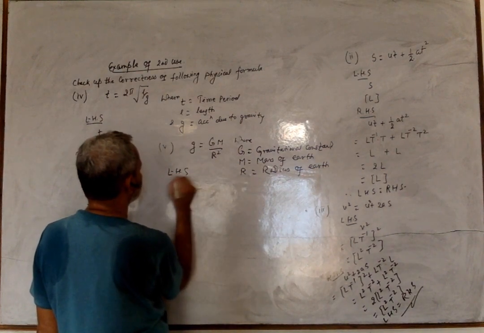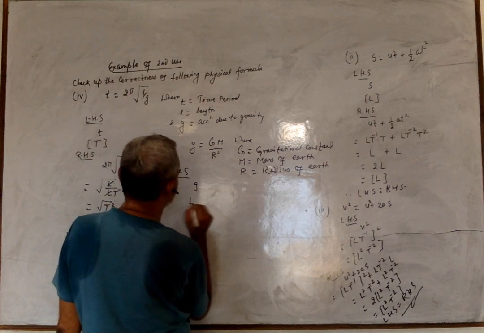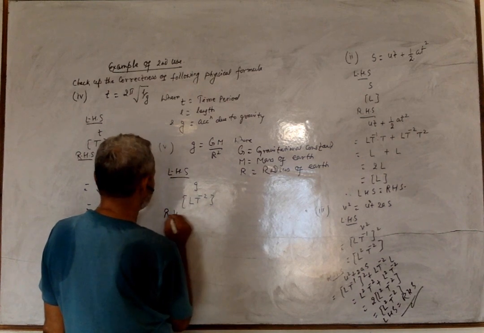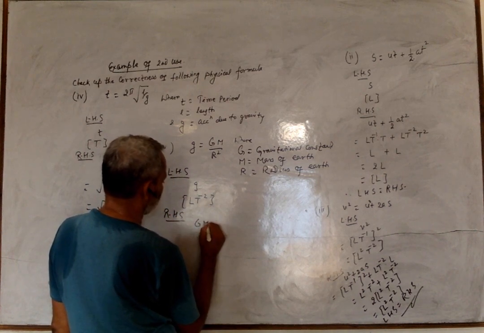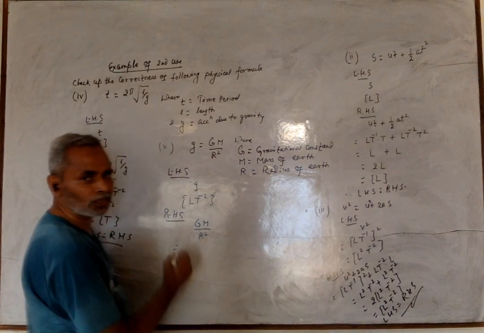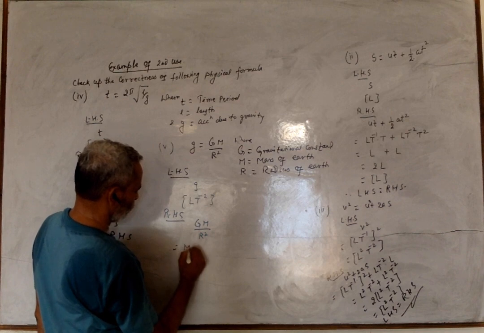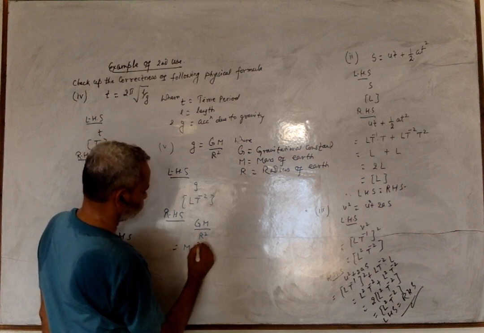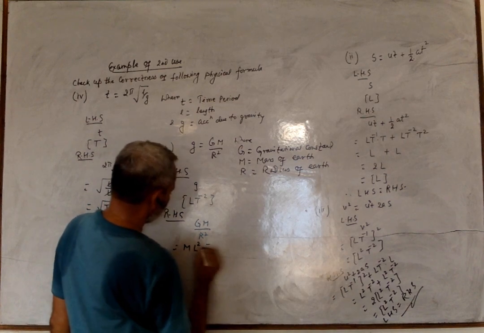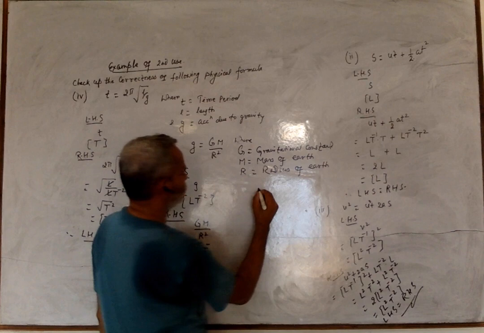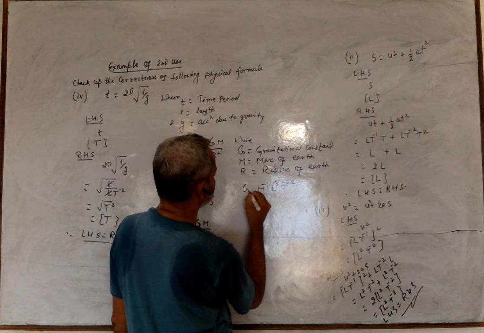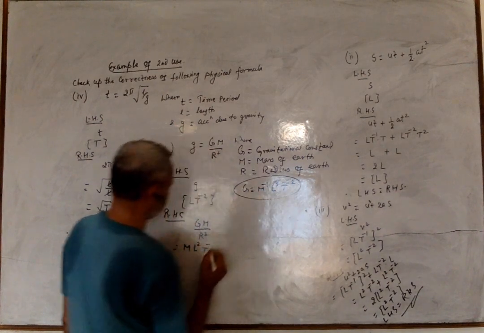LHS, small g: LT minus 2. RHS, GM by R square. The dimension of capital G is M minus 1 L3 T to the power minus 2.